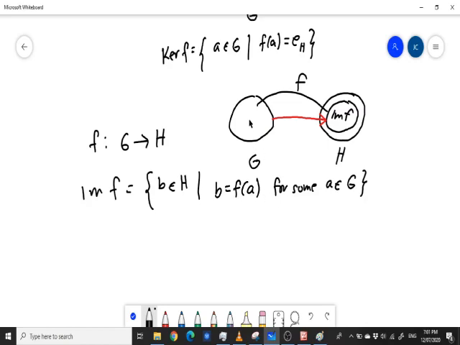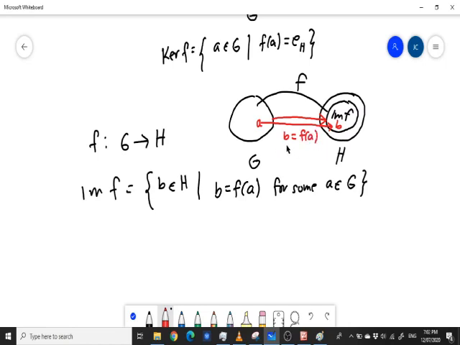So, merong nagmamap na element ni A patungo sa kanya. Parang ganun. So, for example, dito si B. So, dito si A. So, si A nakamap kay B, di ba? Because B is equal to F of A. Ganon.